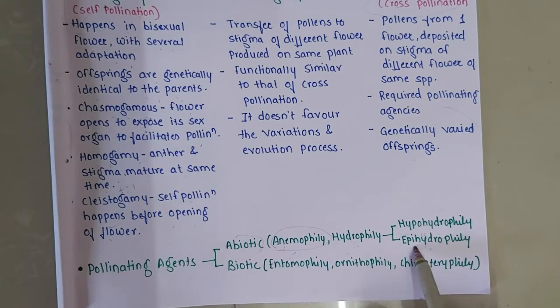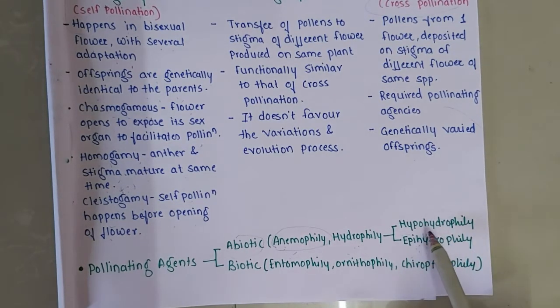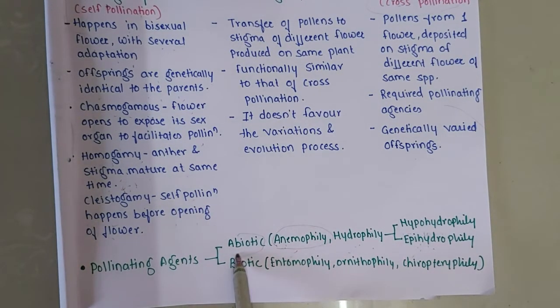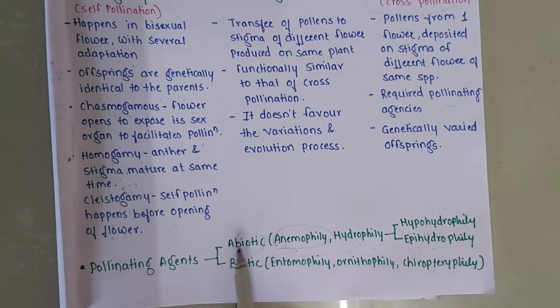So this is epihydrophily and hypohydrophily, the subtypes of hydrophily. Again, this comes under the abiotic pollinating agent.